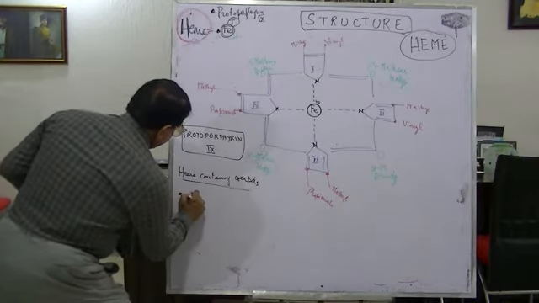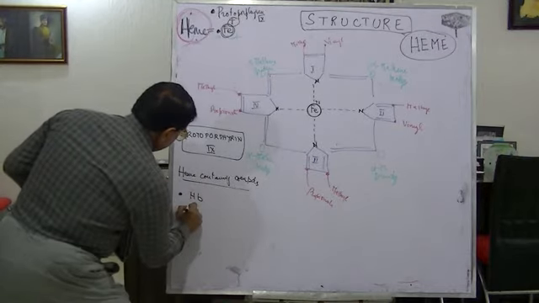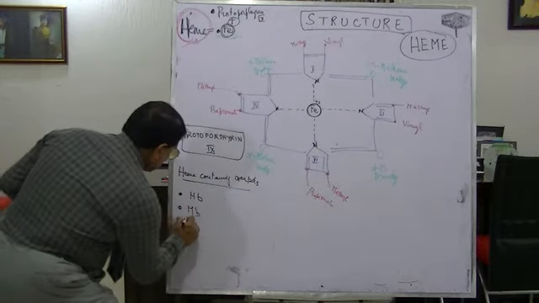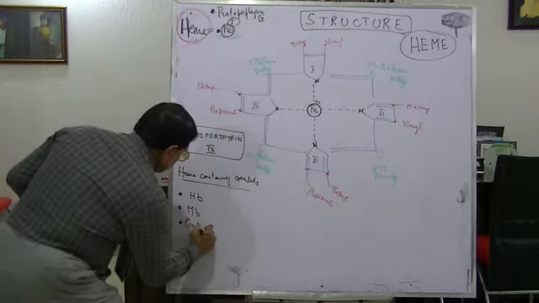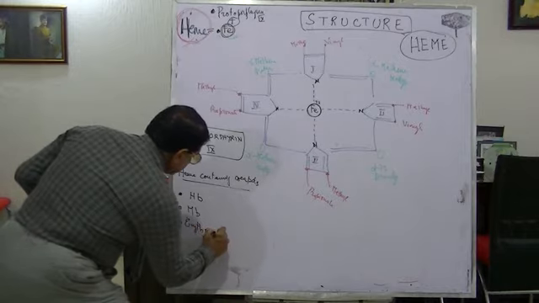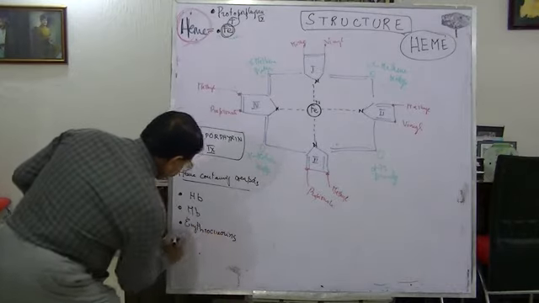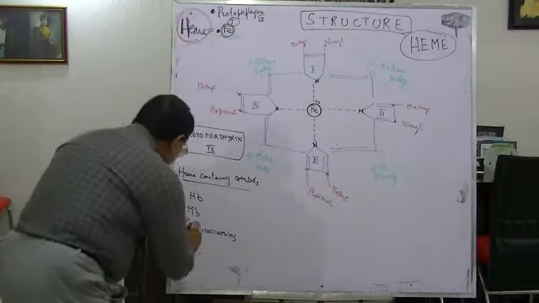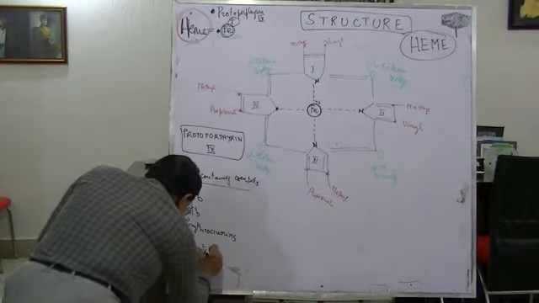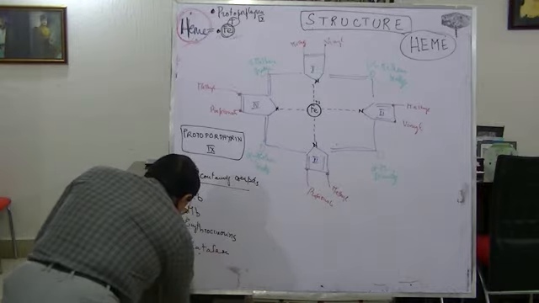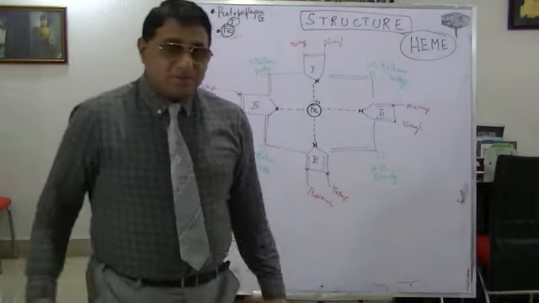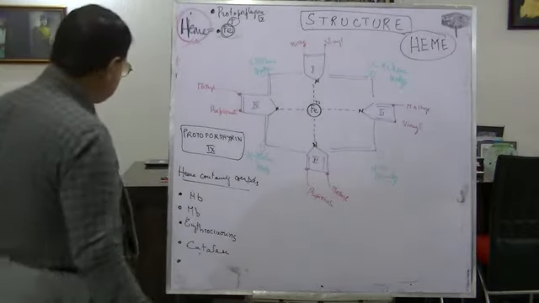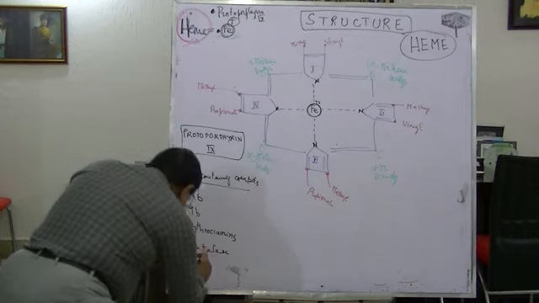This is hemoglobin, myoglobin, erythrocruorins in insects, and the catalase enzyme. It's an antioxidant. It removes hydrogen peroxide, so it acts as an antioxidant.